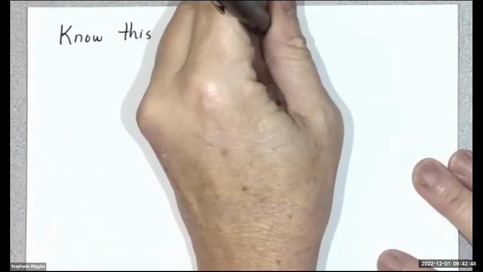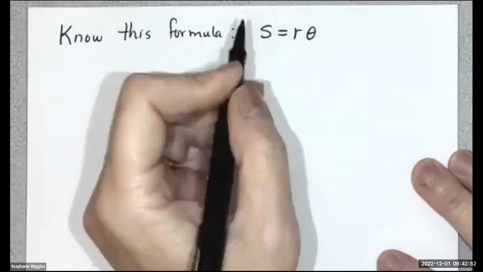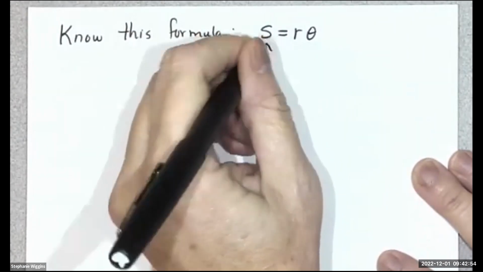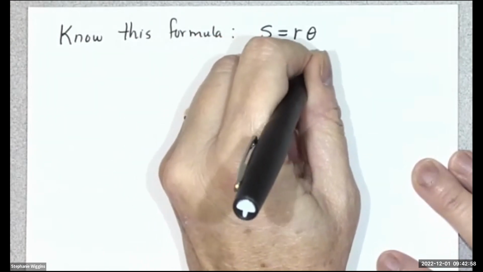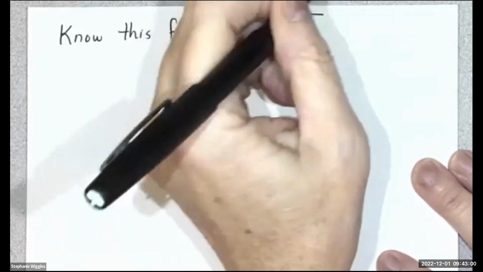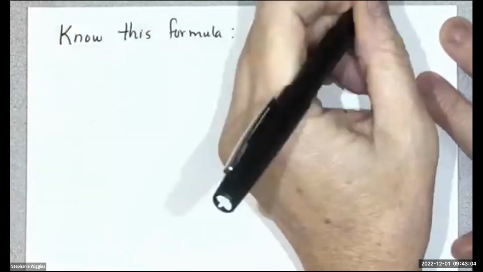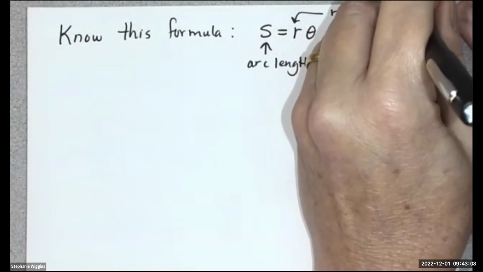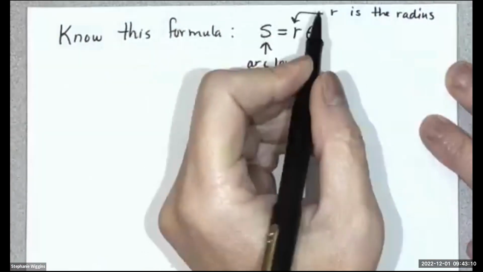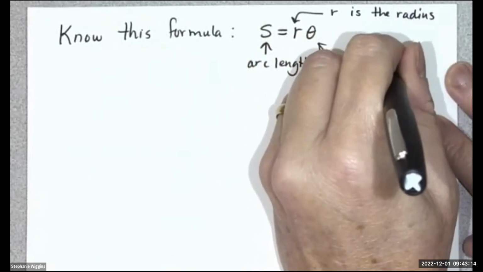And it is S equals R theta. So S is the arc length. And R is the radius. And this theta is called the central angle.